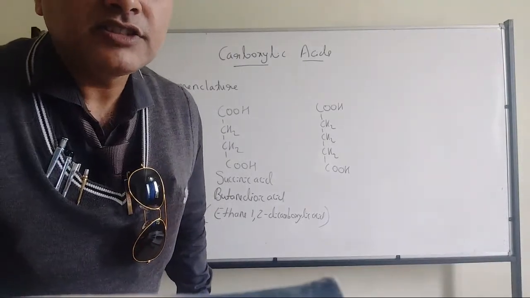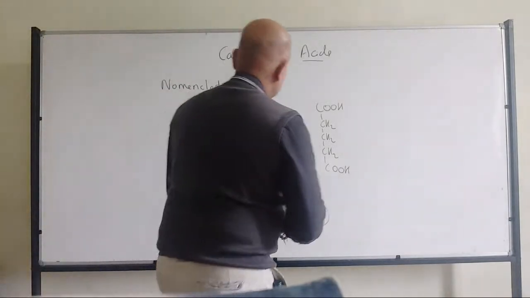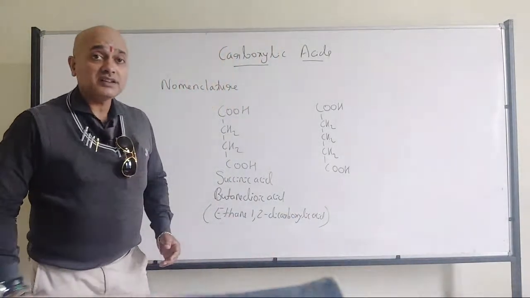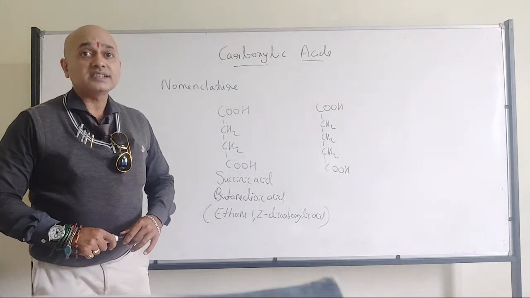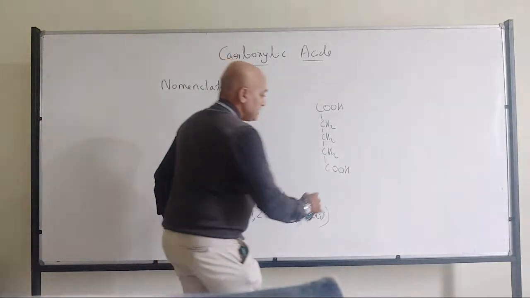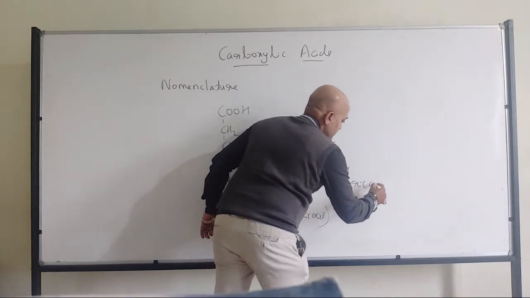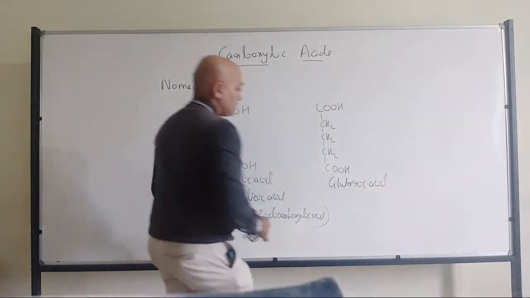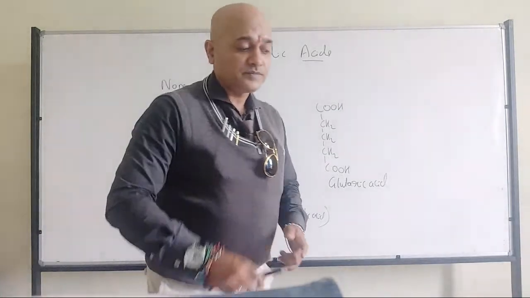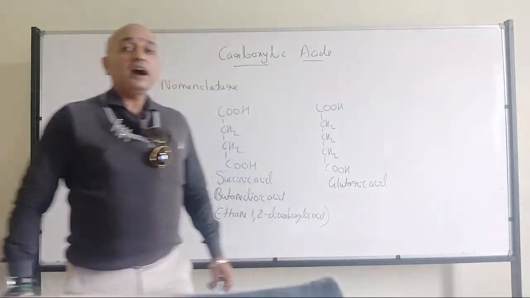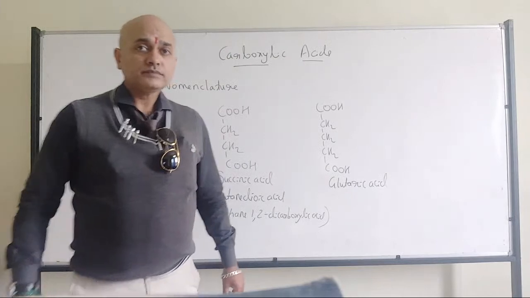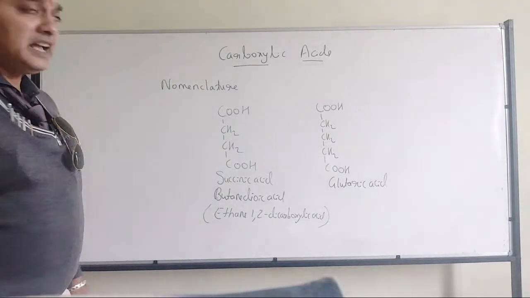Okay, so glutaric acid. That is succinic acid because it is found in amber. Succinum means amber. Okay, so in the same way here we have glutaric acid, the common name.